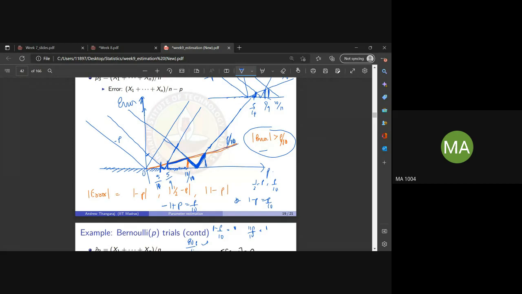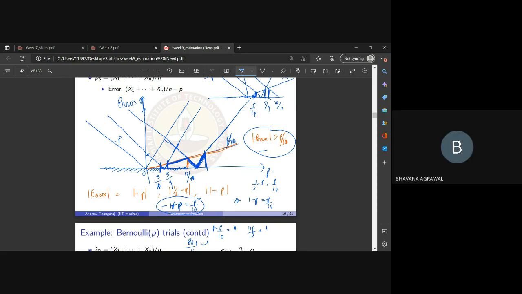So I want to know what this point is for which the mod of error is coming out to be greater than p by 10. We open the mod, we take minus of 1 minus p, it is minus 1 plus p, na?